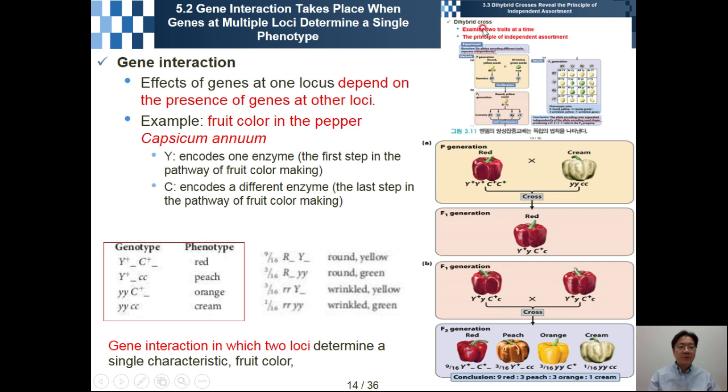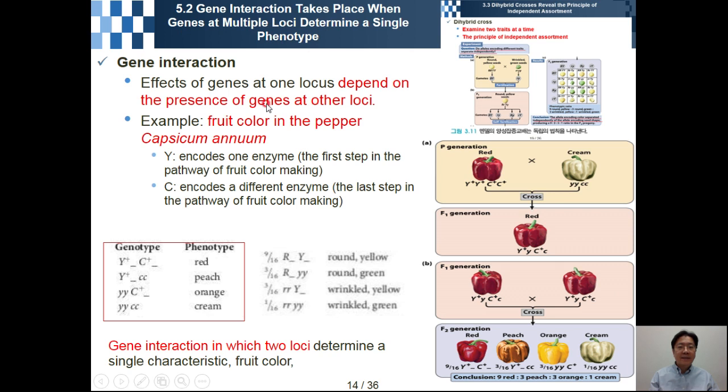This is the difference from dihybrid crosses. In dihybrid crosses each gene encodes a trait, but in this case each gene is involved in a single phenotype.